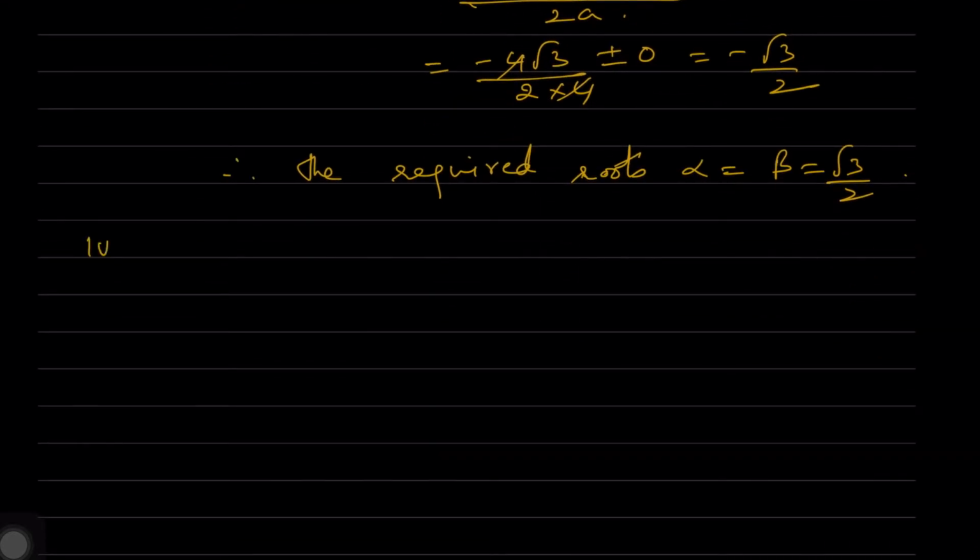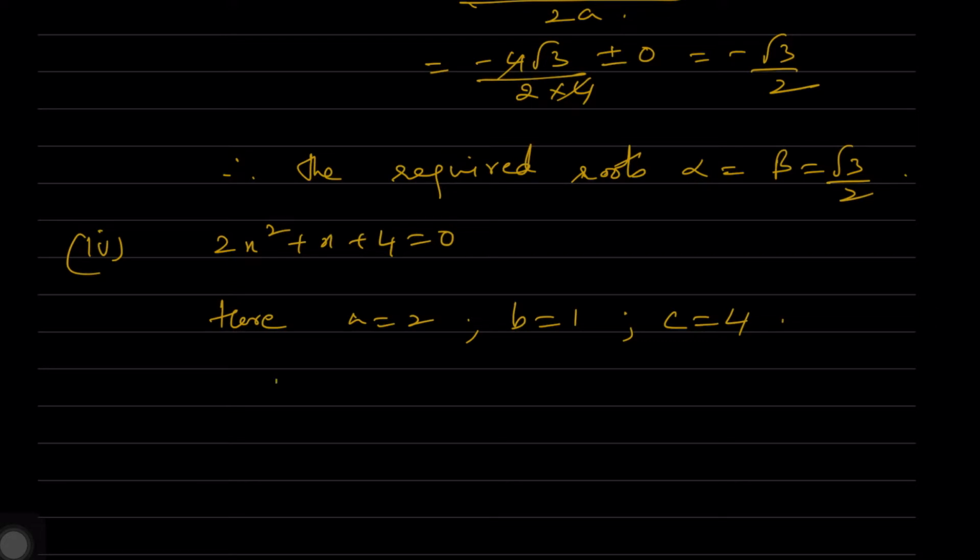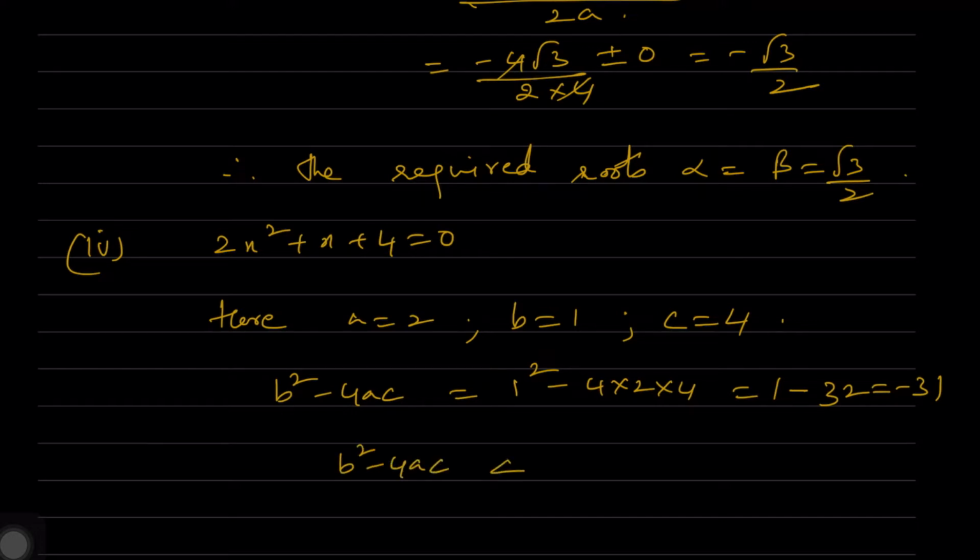Then the fourth one, 2x square plus x plus 4 is equal to 0. Here we have a is equal to 2, b is equal to 1, c is equal to 4. So we'll find out what is b square minus 4ac. It is 1 square minus 4 into 2 into 4, which is equal to 1 minus 32, which is equal to minus 31. So here we are having b square minus 4ac is less than 0.